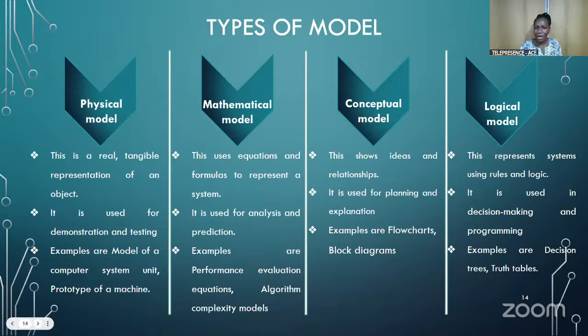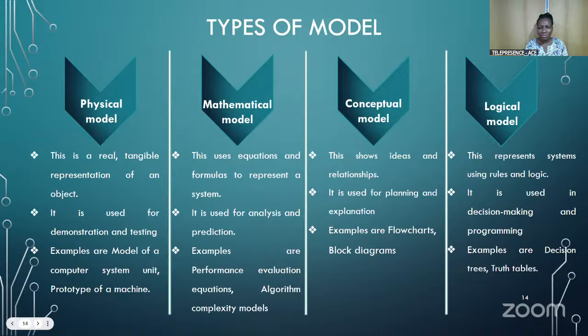All right, now we also have what we call the conceptual model. They show ideas, they show relationships. They are used for planning and explanation. An example is flowcharts. We also have block diagrams.